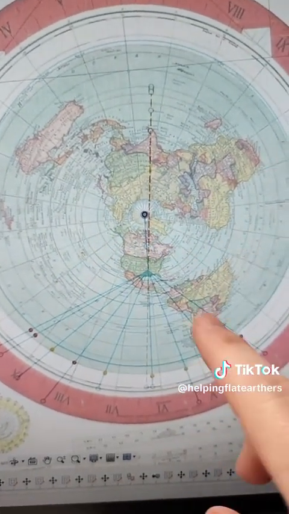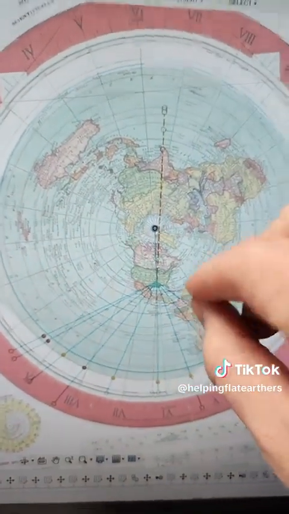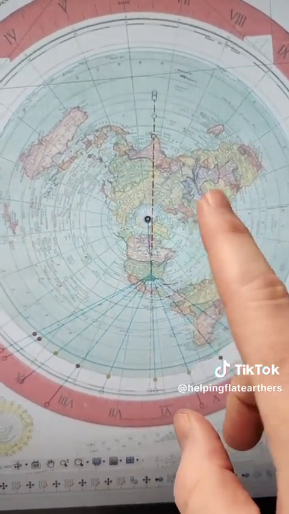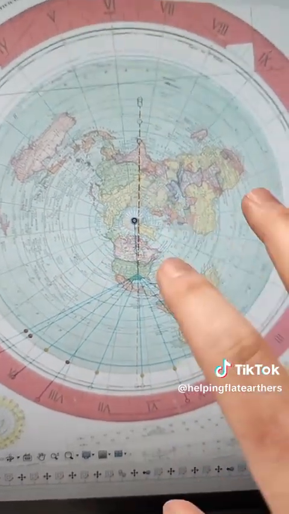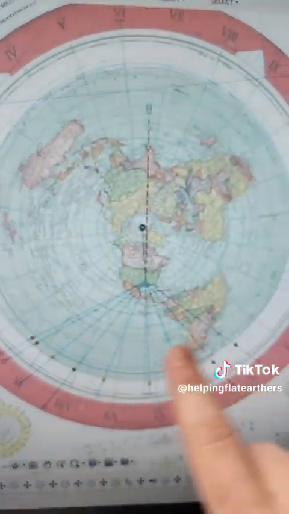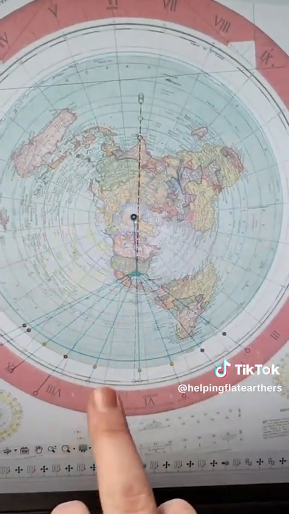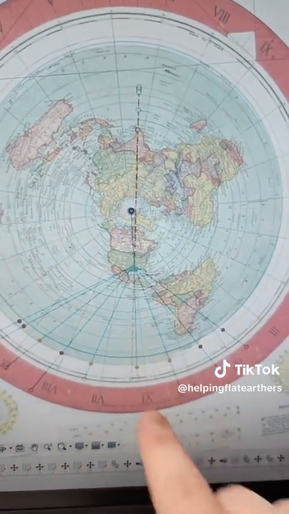That's how they justify seasons. Or the sun is going up, like at a higher elevation. But they can't explain how the higher elevation works either. So there's no formula that shows the higher elevation. So if you want to tell me where the sun is on the flat earth map, I can definitely put it there.